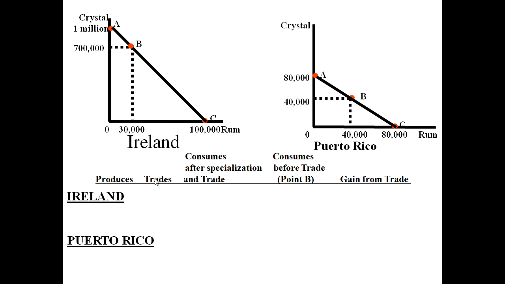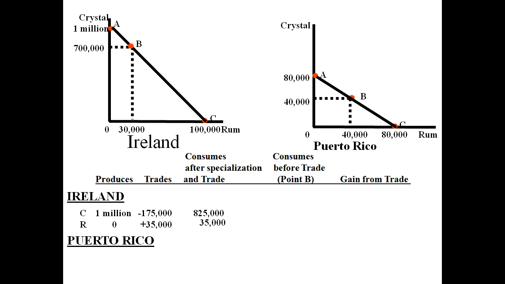So let's take a look at Ireland here. We're going to start off at point A, where Ireland's making 1,000,000 crystal and 0 rum. And then they're going to trade 175,000 crystal for 35,000 rum. So 1,000,000 minus 175,000, and then 0 plus 35,000. After that trade, Ireland's got 825,000 crystal and 35,000 rum.